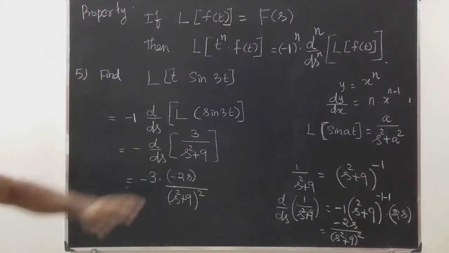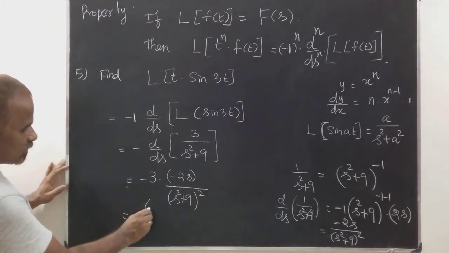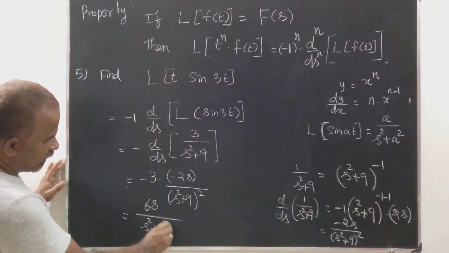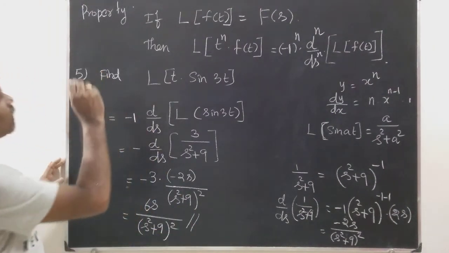So the answer is 6s divided by s squared plus 9 the whole square.